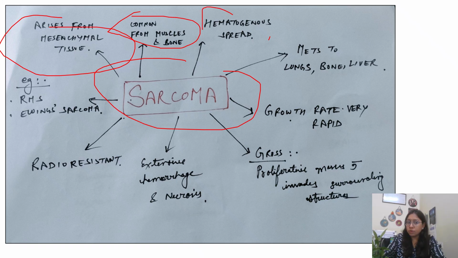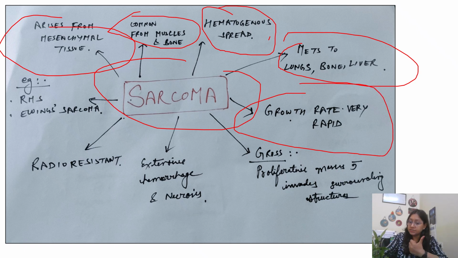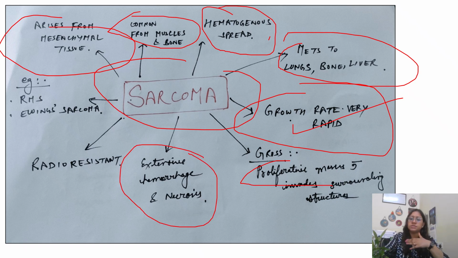Sarcoma spreads through hematogenous spread. Metastasis is usually to your bone, liver, and lungs. Growth rate, there I had written is relatively less as compared to your sarcoma; here it is very rapid. Grossly, these are also proliferative masses. And the growth rate is so much faster that it will invade or infiltrate the surrounding structures. And they have extensive hemorrhage and necrosis.